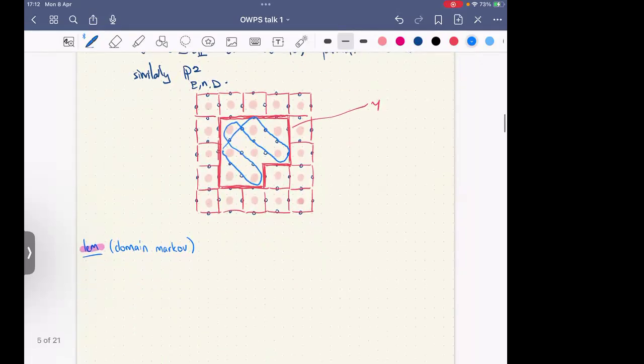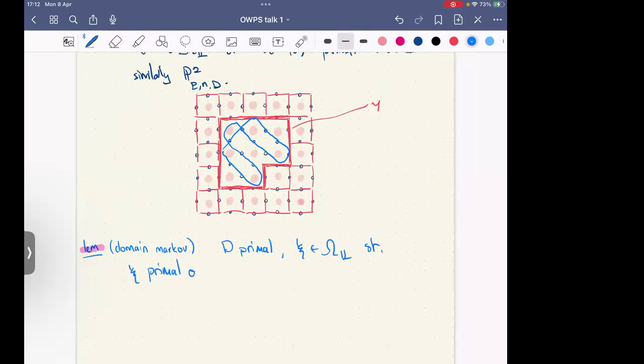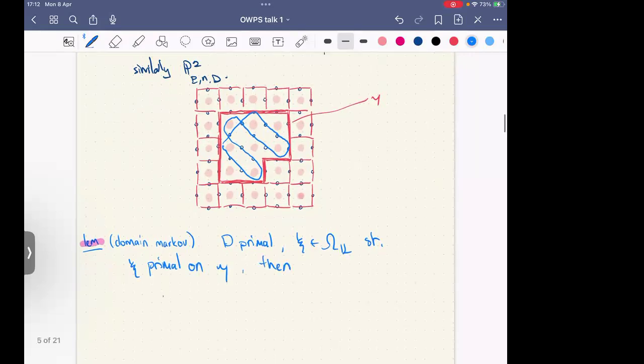so what we want to say is that if D is a primal domain and psi is in omega L such that psi is primal on gamma, which is the boundary of our domain, then, well, this measure is the same as the one we had up the top.